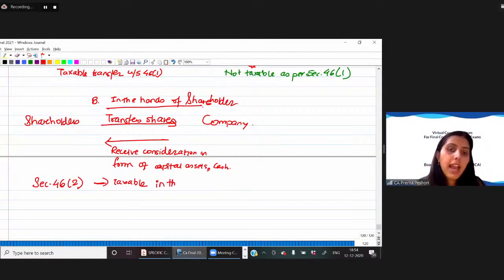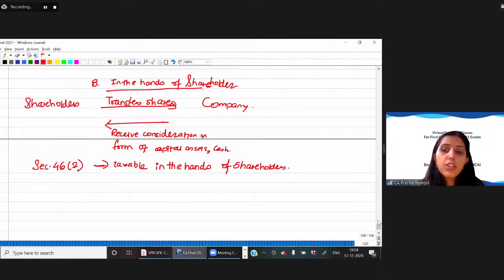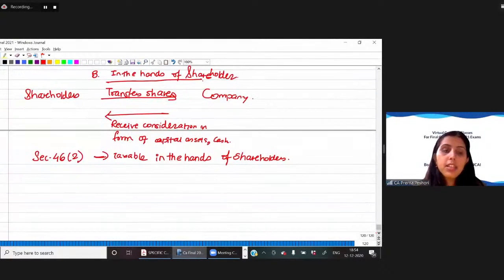Taxable in the hands of shareholders. Is it clear? What will be the full value of consideration in this particular case?